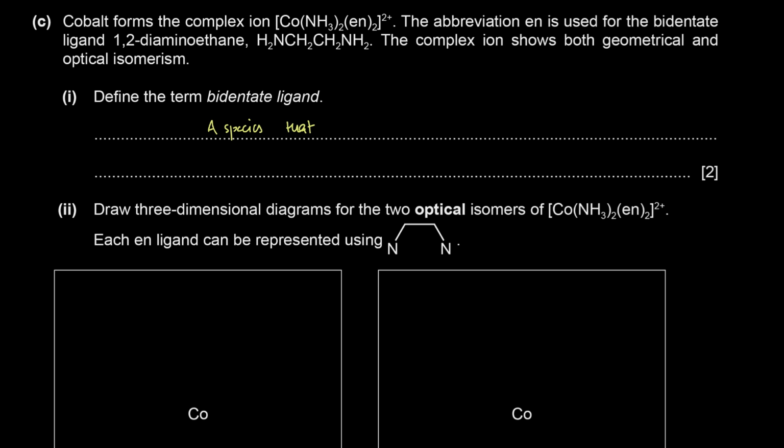But a bidentate ligand is a species that donates two lone pairs of electrons to a central metal ion, to form two dative covalent bonds to a central metal ion or atom, okay? All right.